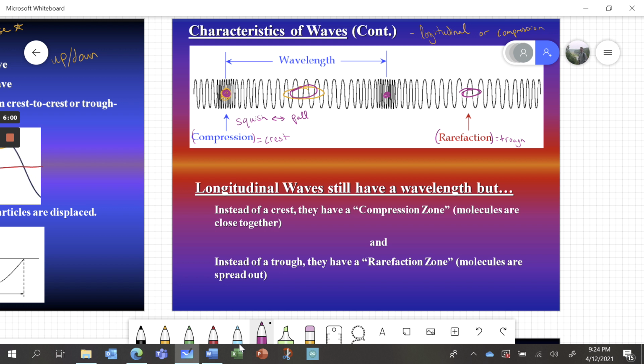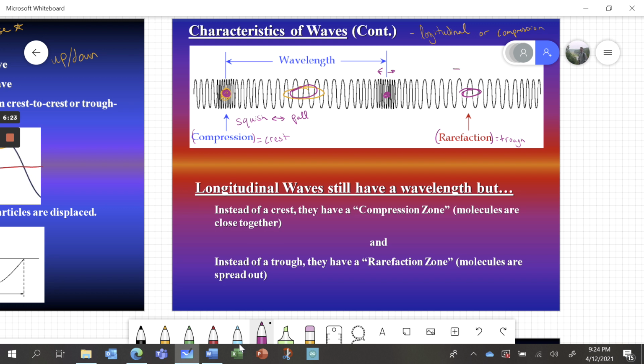They still have the same amount of energy, because if you think about a spring, if you pull a spring apart, it's going to want to snap back down to its smaller size, right? So it still has the same amount of energy. It's just an energy in the opposite direction. Whereas this one is squished, and so it wants to expand.